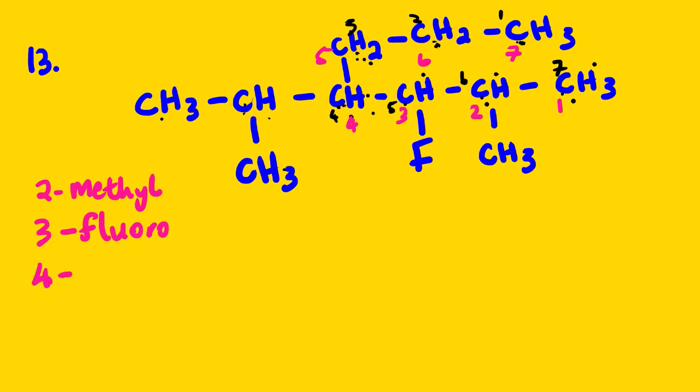We have 4-isopropyl, and then the parent chain is heptane. So let us compare it with, are we done with the substituent?